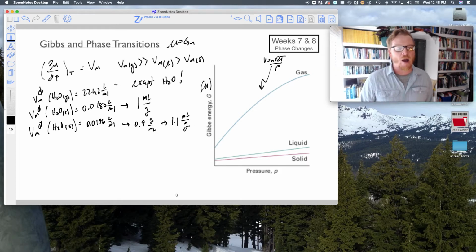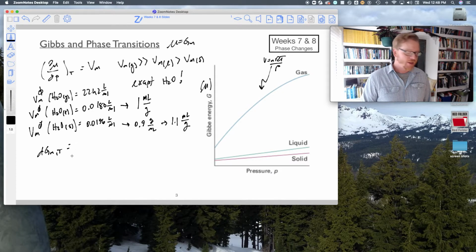Okay? So now, how do I get a better representation for the molar volume of a gas? Well, if I expand on these relationships here, on these partial derivatives, I can say dGm at constant T equals Vm dP. So all I did was split up these two partials. Okay? And now what I want to do is integrate from initial to final both sides of this equation.